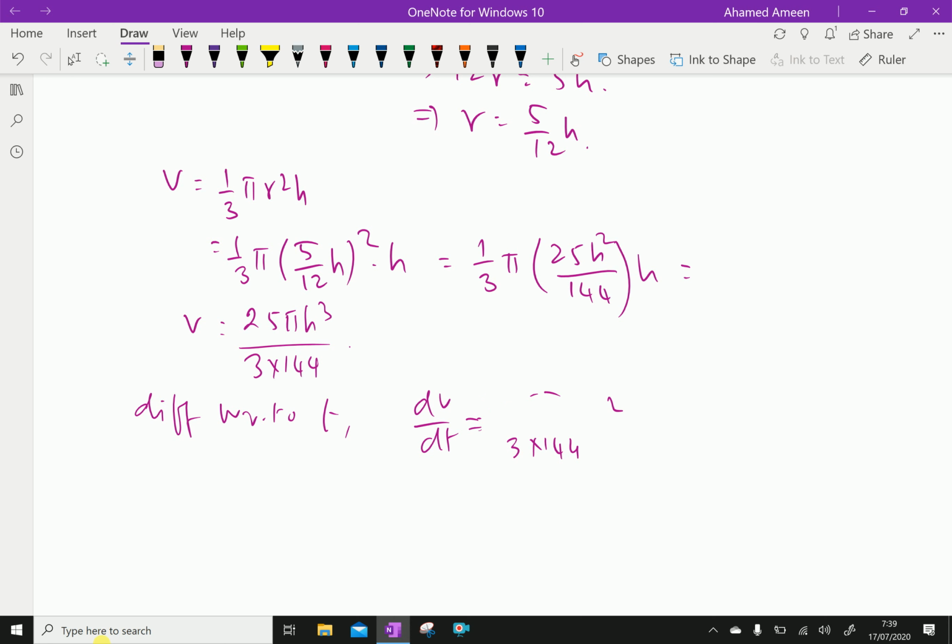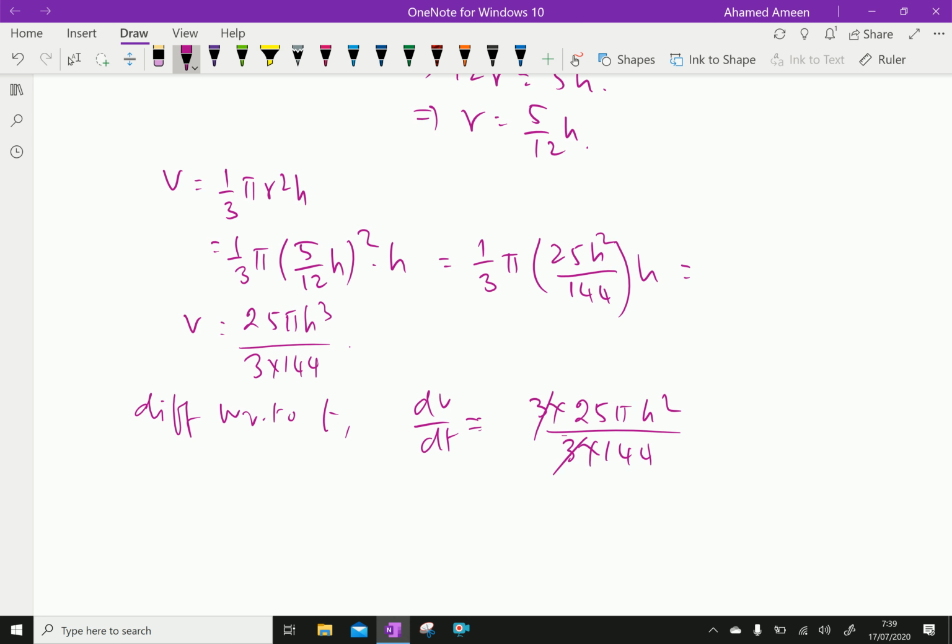So 3 into 25 pi H squared, and the 3 cancels with 3 into 144.